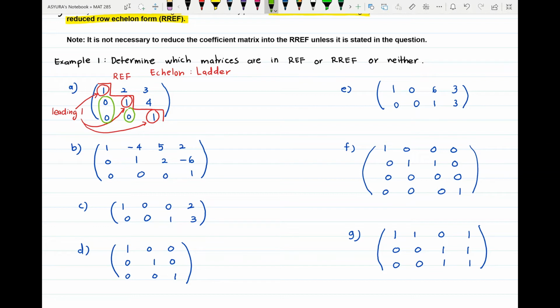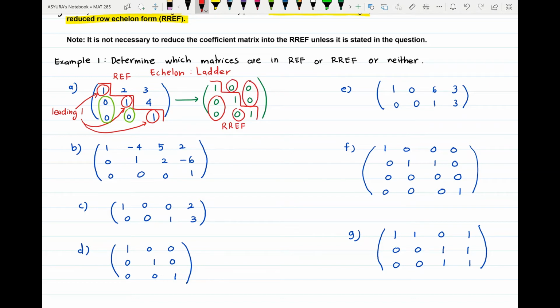To reduce into reduced row echelon form, the equivalent matrix will be 1 0 0, 0 1 0, 0 0 1. You still have the form of a ladder, and for RREF, below your leading one and above your leading one must be 0.